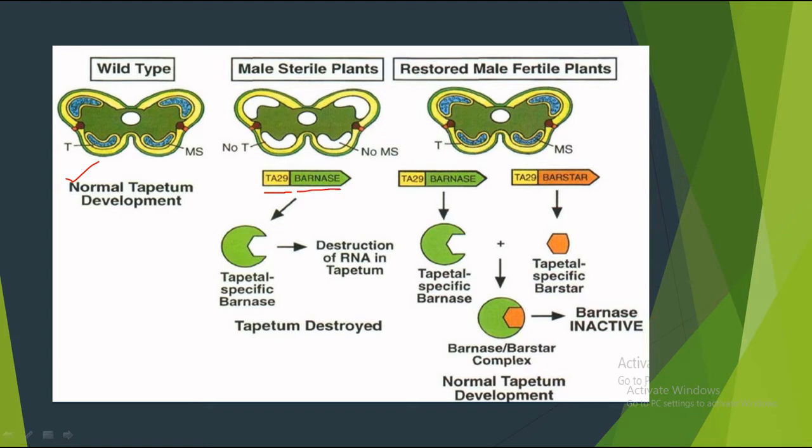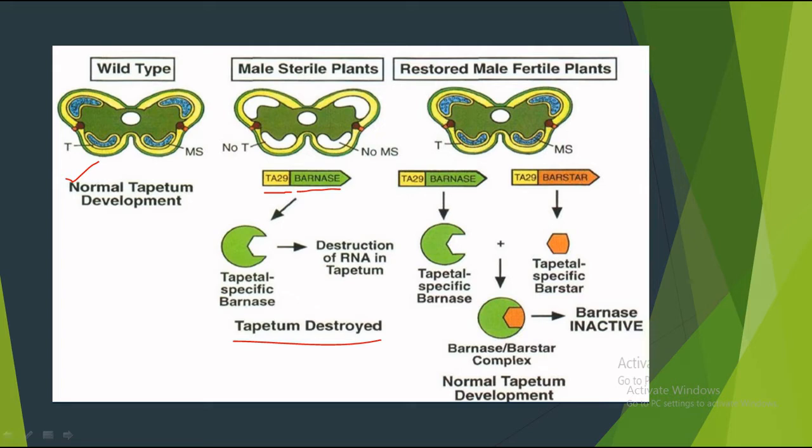Due to this introduction, the Barnase gene will cause the destruction of RNA in the tapetum, and the tapetum will be destroyed and the plant will be sterile, as tapetum is the main source of nutrition for the developing pollen, and the pollen will not get it, so it will become sterile.